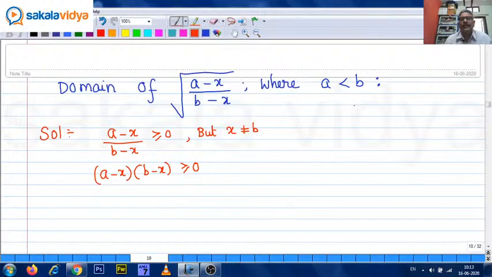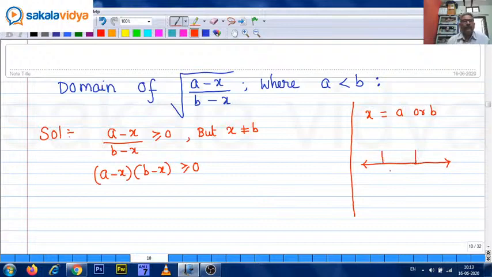So now the critical points directly I will write. X is equal to a or b. So number line you take it. Minus infinity, infinity. This will be a, this will be b. See here we have actually plus sign.